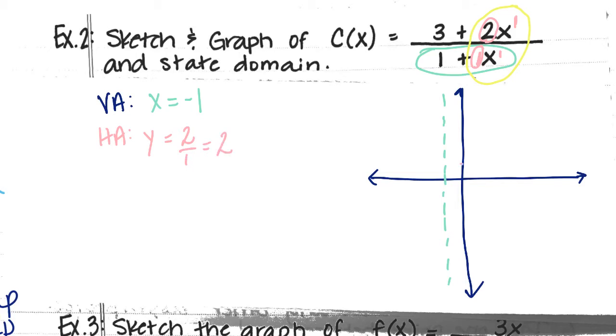So notice that at y equals 2 is where we have our horizontal asymptote. Now, in order to graph this, again, we're going to plug in numbers. And when I plug in numbers, for example, if I plug in 0, I get 3.